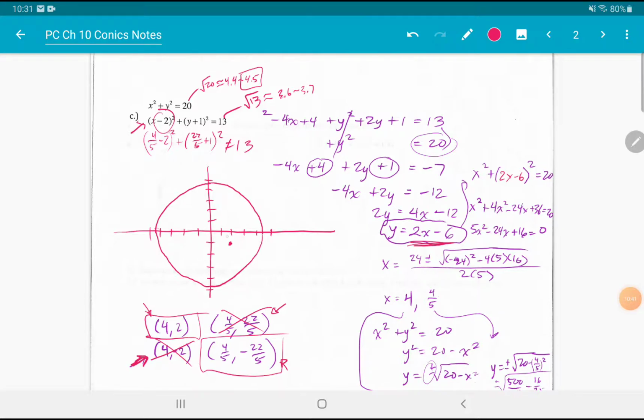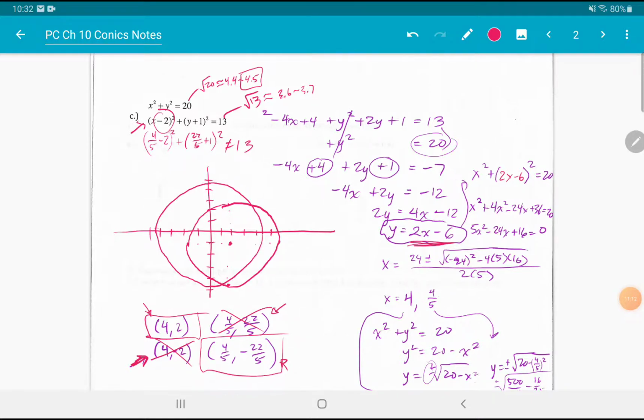So let's go ahead and plot from there. We're going up 3.6 or so, over 3.6 or so, down 3.6 or so, and left 3.6. Once you connect those, make your circle, something like that.